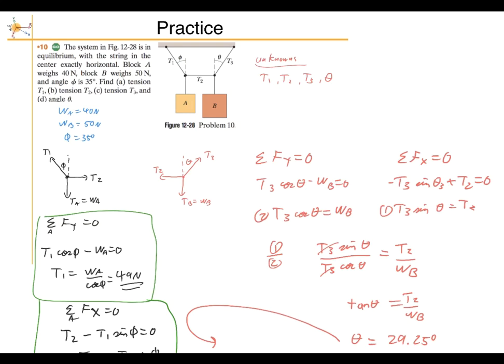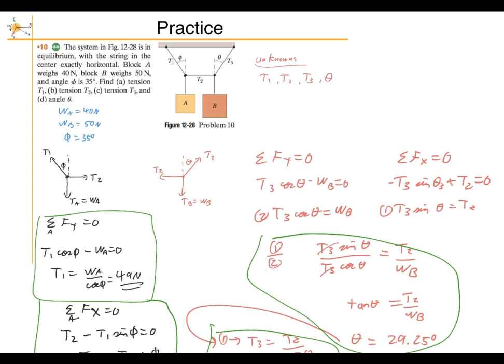Then I'm going to plug that back into equation 1, which I'm going to rewrite as T3 equals T2 over sine theta, and I get about 57.3 newtons.